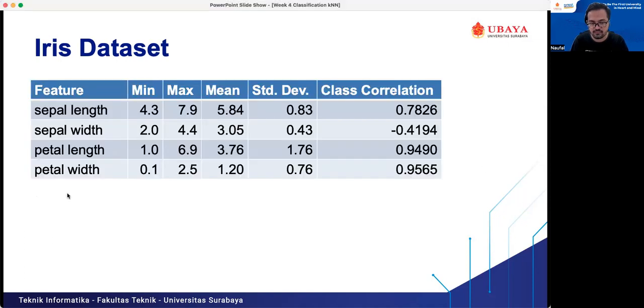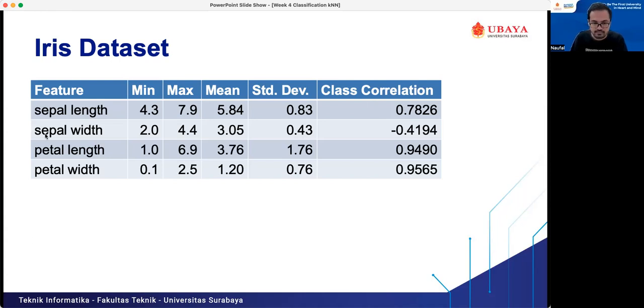Then what does it mean if sepal length has a mean of 5.84, a standard deviation of 0.83, and a class correlation of 0.7826? It means the correlation between the sepal length feature and the class is directly proportional. The higher sepal length will make the higher level of the class.